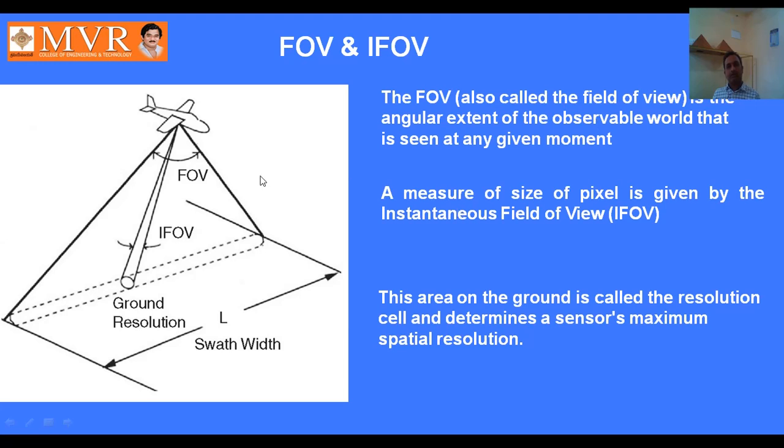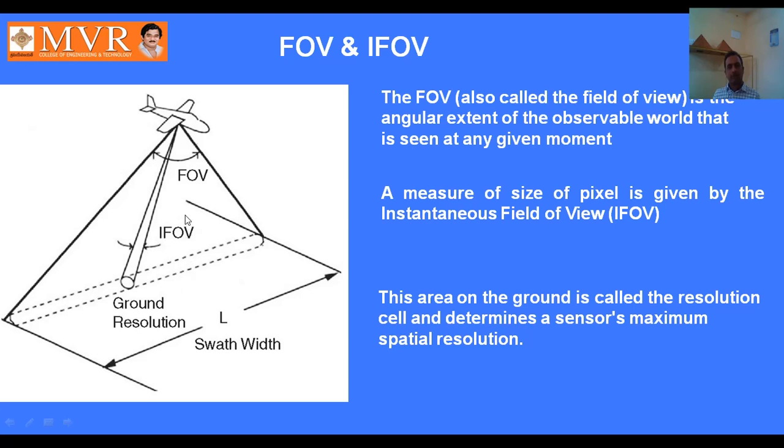See here, this is how much area is scanned by the sensor at a particular time. It depends upon the instantaneous field of view, IFOV, and the height. So, spatial resolution always depends upon the instantaneous field of view and height.